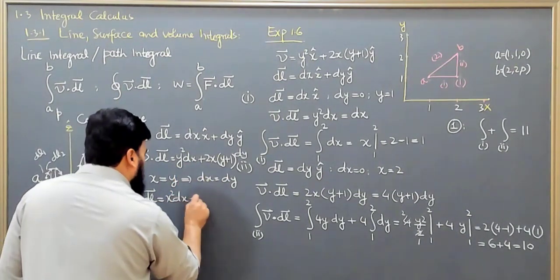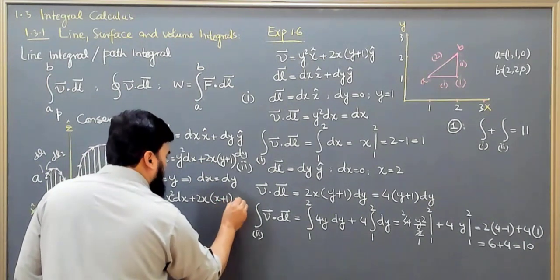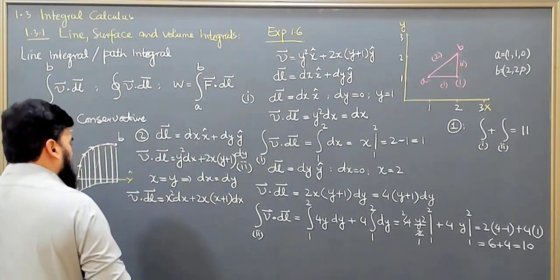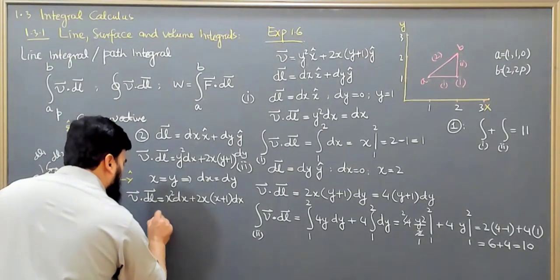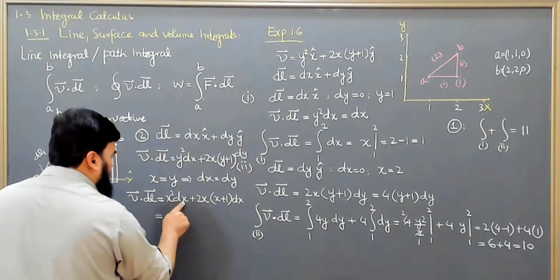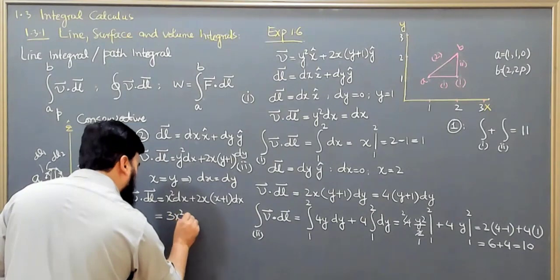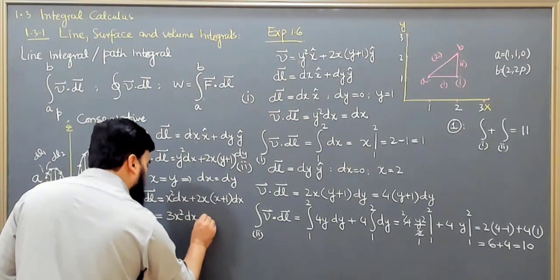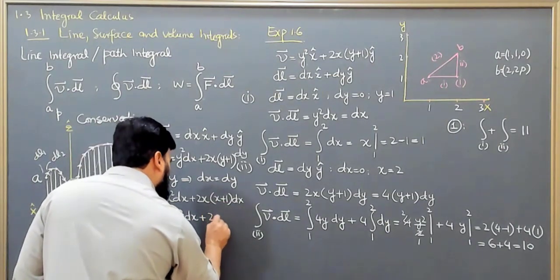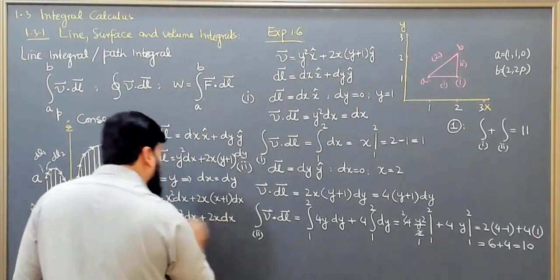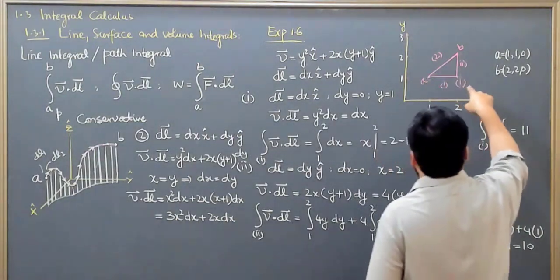Then (2x plus x plus 1) dx. I can now simplify this: it will be x square dx plus 2x square dx, so 3x square dx plus (2x plus 1) dx, while x is changing along this line from 1 to 2.